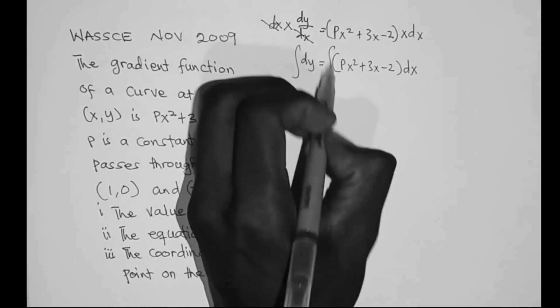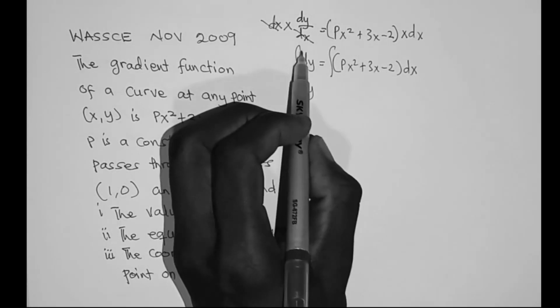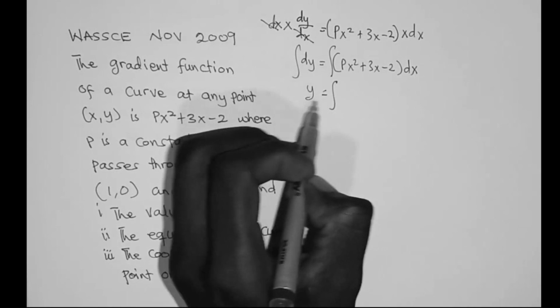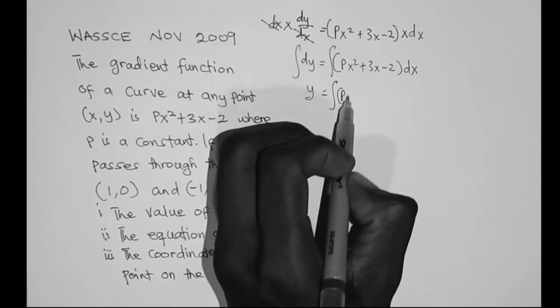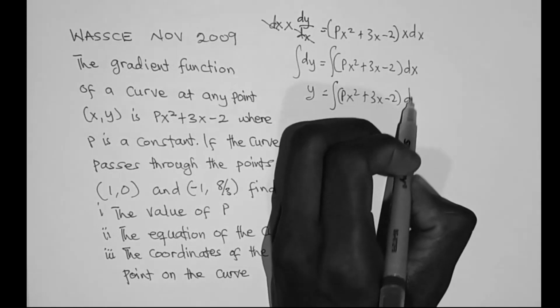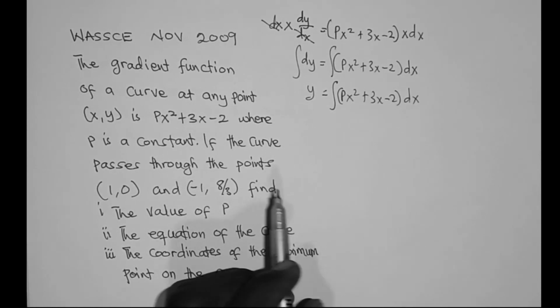So to find y, we can take the integral of both sides, and if you integrate dy you get y, which is equal to the integral of (px squared plus 3x minus 2) dx. So let's go ahead and do this integration.